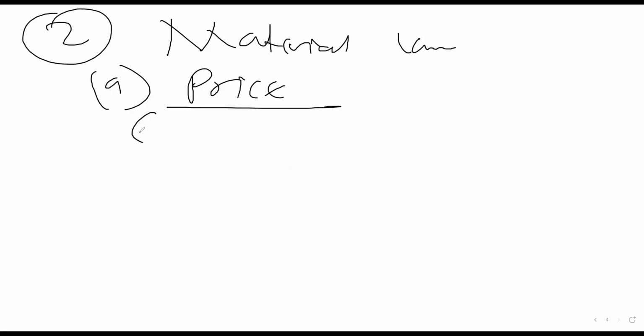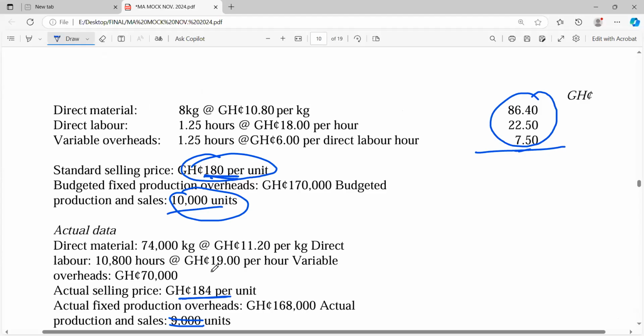Expected. So here the material price deals with the input. Pick the raw materials they have used. Go to the question and pick the raw materials they have used. So actual raw materials they have used, 74,000 kgs.